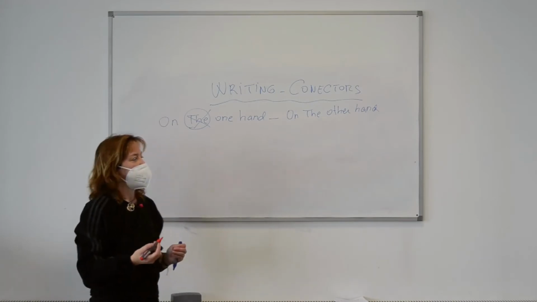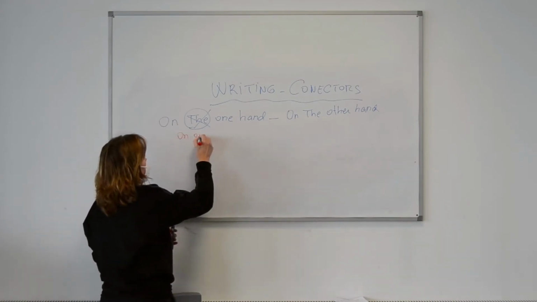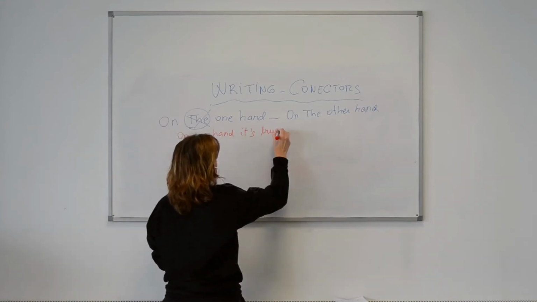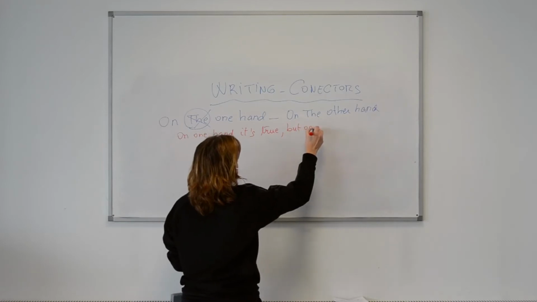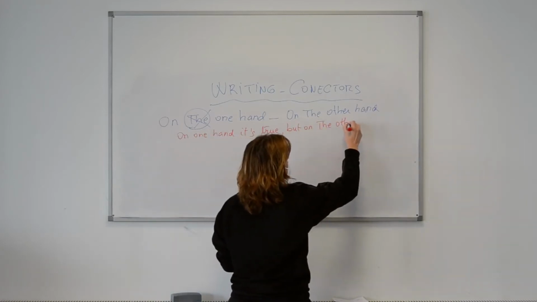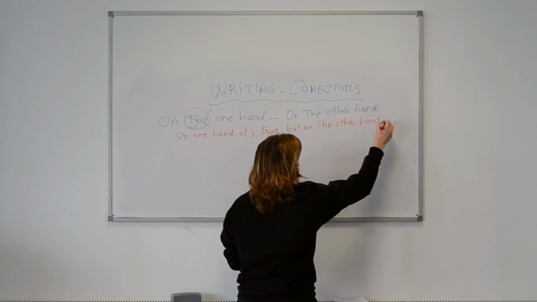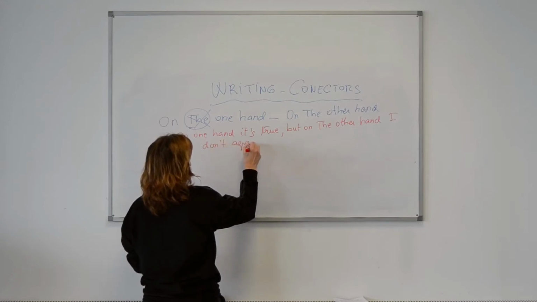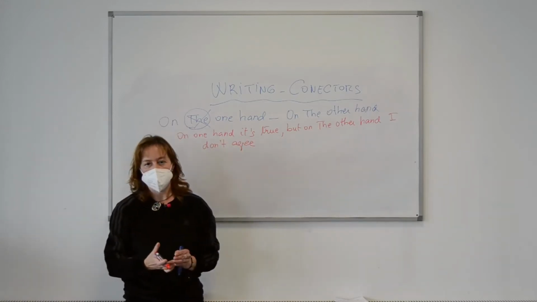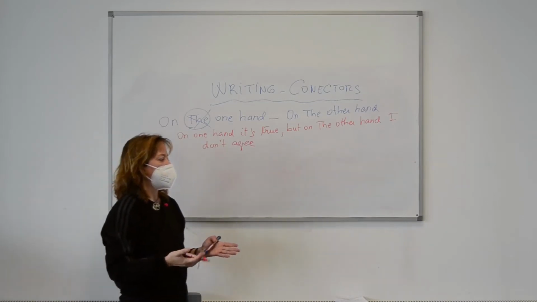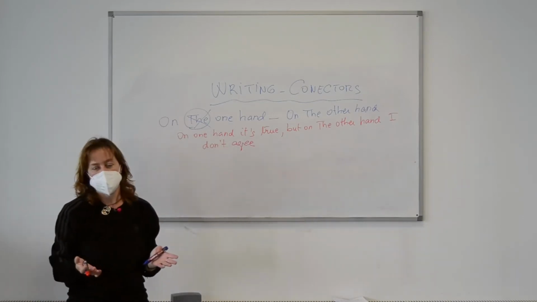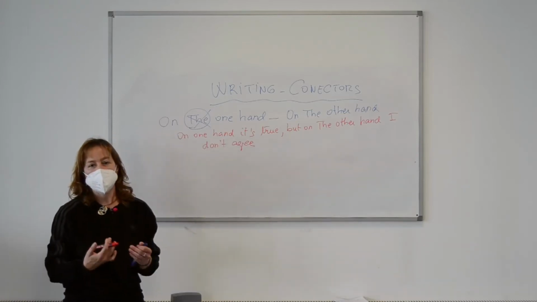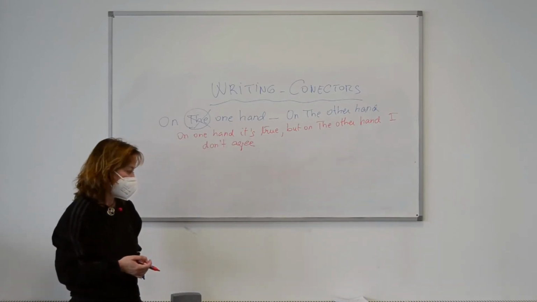On one hand, it's true, for example, but on the other hand, I don't agree. In this case, we express our opinion about something. It's usually found at the end of a test, when we convey the idea and finally express our own opinion about what we are talking about, okay?